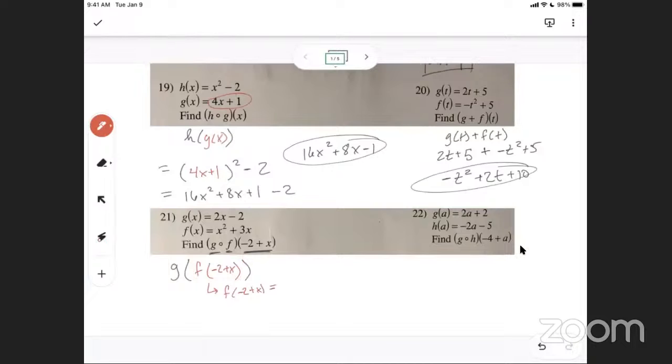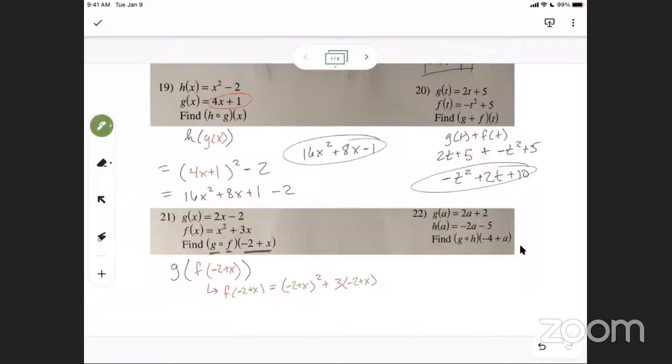I'm writing out my f function, but I'm not writing x, I'm just putting parentheses. And now I'm going to plug in negative 2 plus x everywhere there was an x. Make sense?